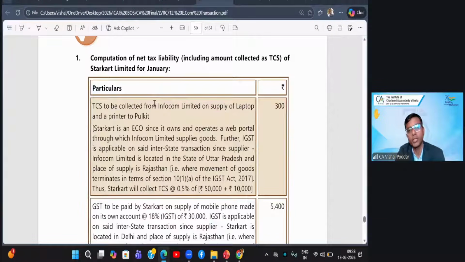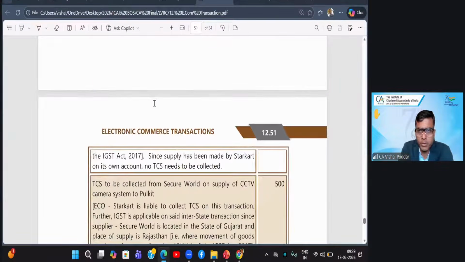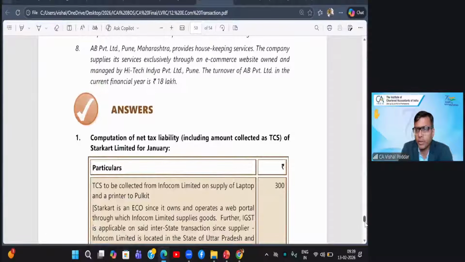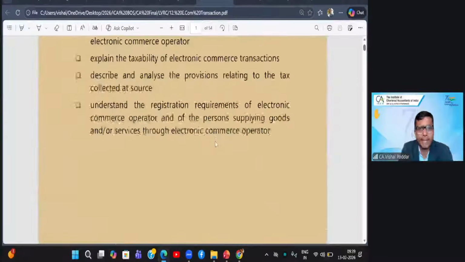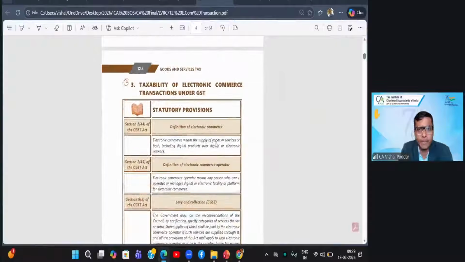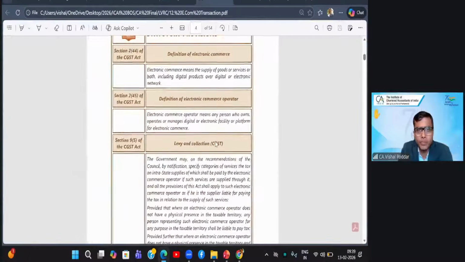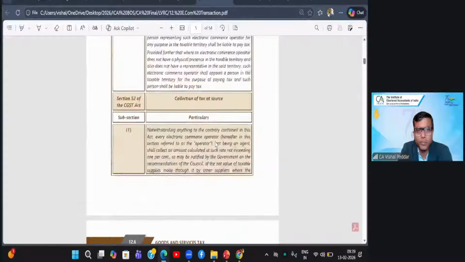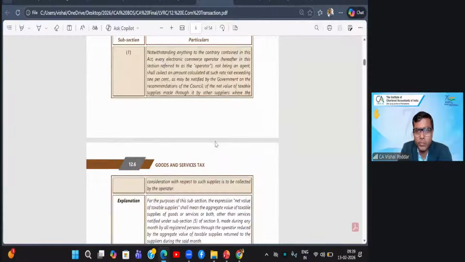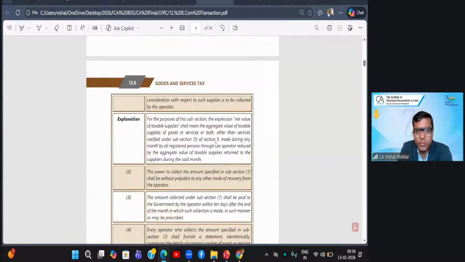Achha, I forgot to ask, what is the TCS rate? Sir, 1%. I also remember 1%, but here they have given 0.5%. Why I was also remembering. One second, we'll just check. I think it is 1% only.